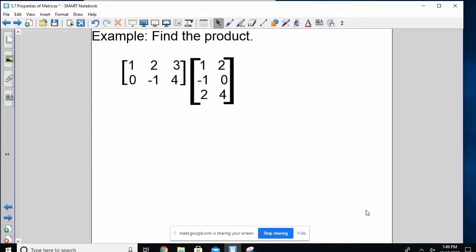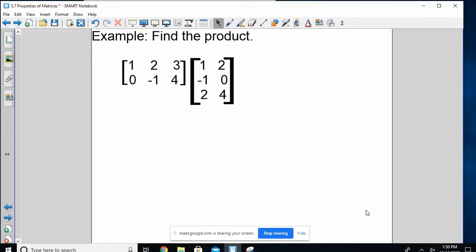Second one is, so the 3's are in the middle, they match. Our final matrix will be a 2 by 2. 2 rows, 2 columns. So the first entry is row 1, column 1. So you take the row in the first times the column in the second. So 1 times 1 is 1. 2 times negative 1 is negative 2. 3 times 2 is 6. And we get a 5.